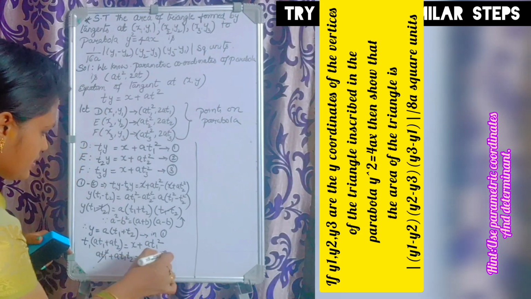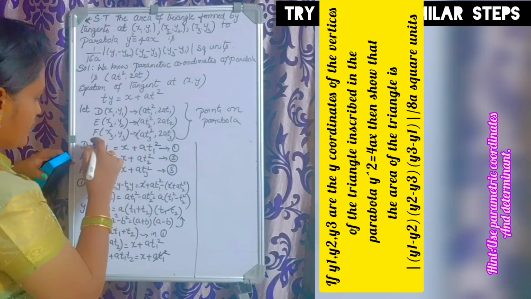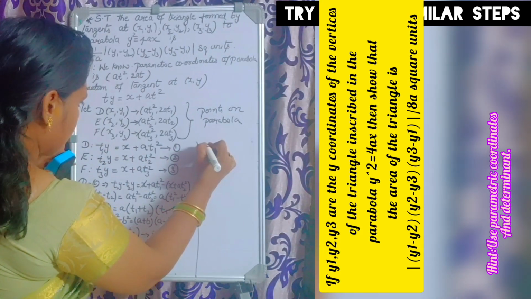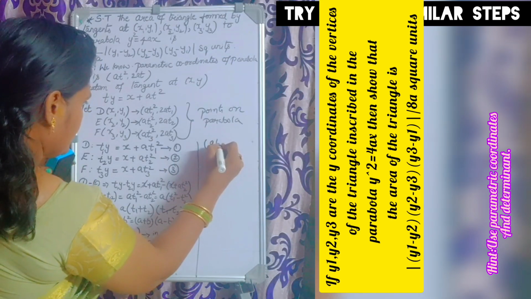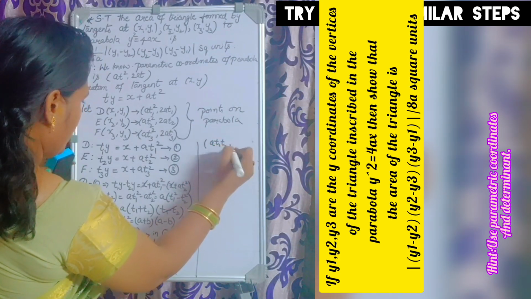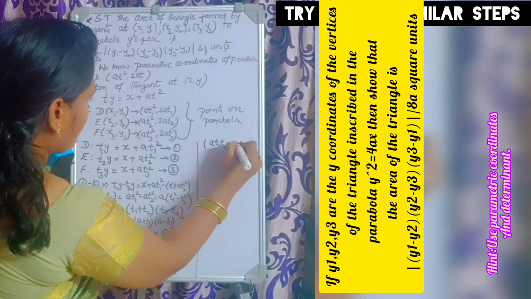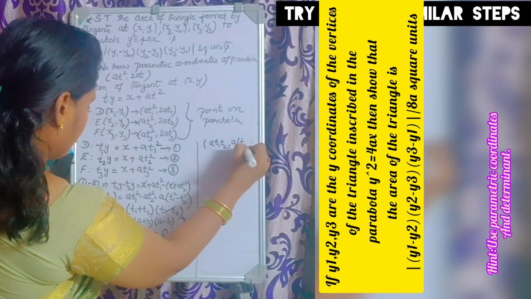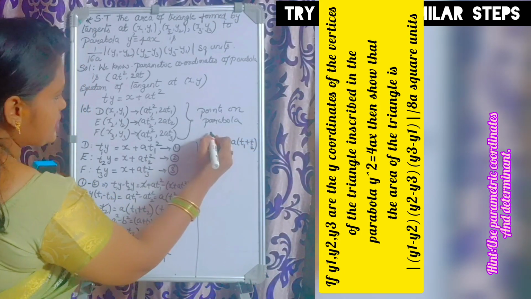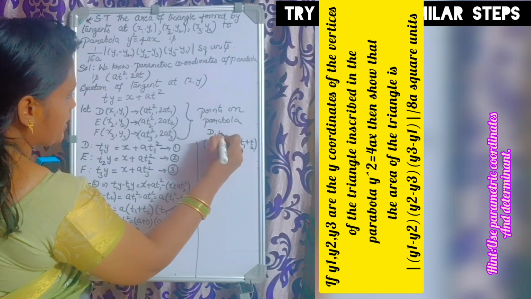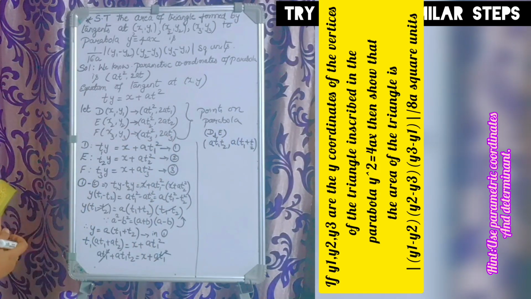Anyway this gets cancelled, so we get x. The point of intersection of D and E: the x value is a t1 t2 and the y value, which we got here, is a (t1 plus t2). Right? This is the point of intersection of D and E.